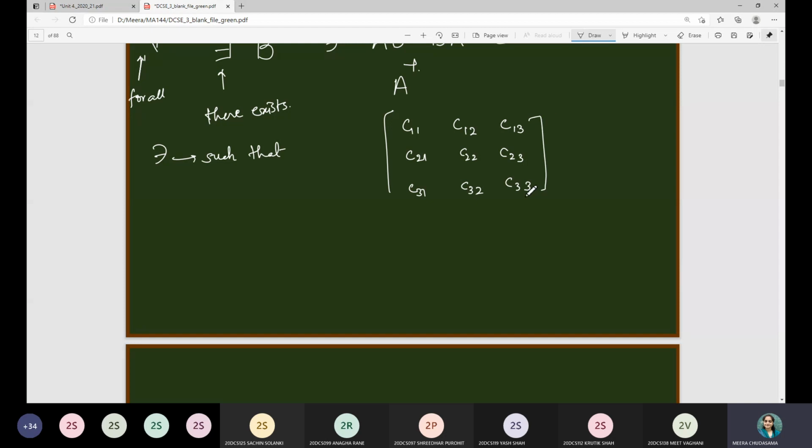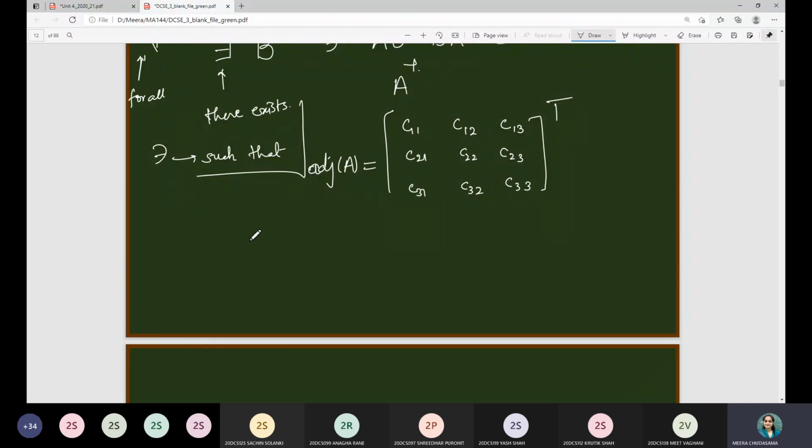Then this is called the cofactor matrix of the given matrix A. If you consider its transpose, then what is this matrix called? Adjoint of A, and it is denoted with this symbol.